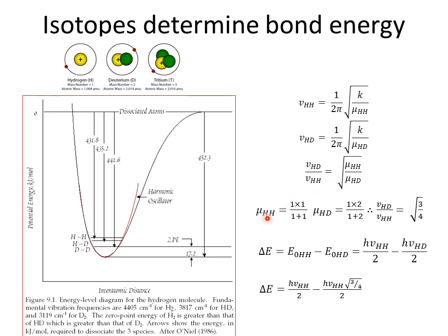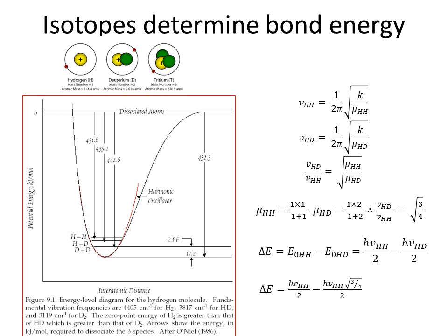The reduced mass of hydrogen bonded with hydrogen is mass 1 times 1 divided by 1 plus 1, that's a half. The reduced mass of hydrogen and a deuterium is 1 times 2 over 1 plus 2, which is 2/3. You divide those together and you get the ratio of the vibrational frequencies, which is a number that is not 1.